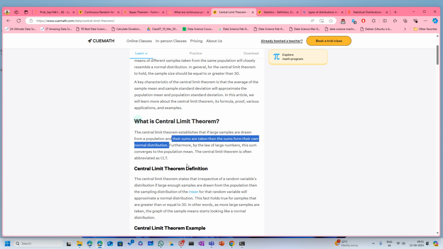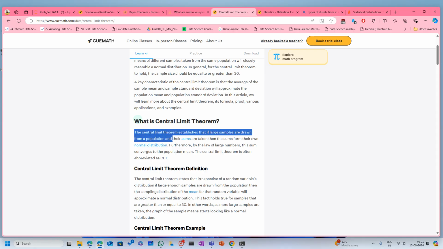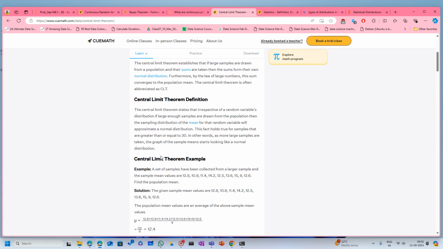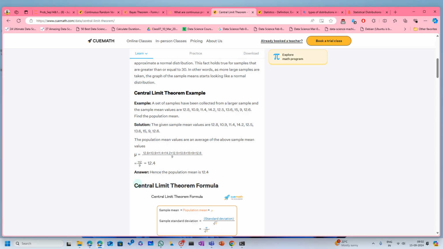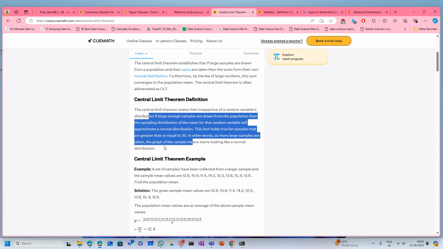Again, we will look deep into this in the statistics class. For now, just repeat the experiment, calculate the sums, and you will get a normal distribution. And when you get a normal distribution, it will exhibit some properties, which we'll discuss in statistics.